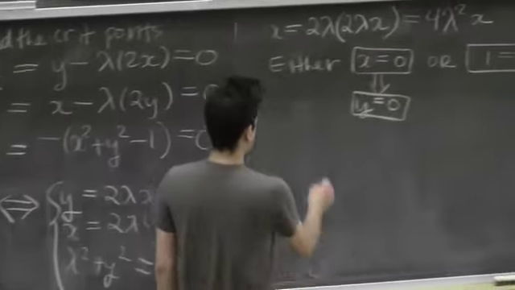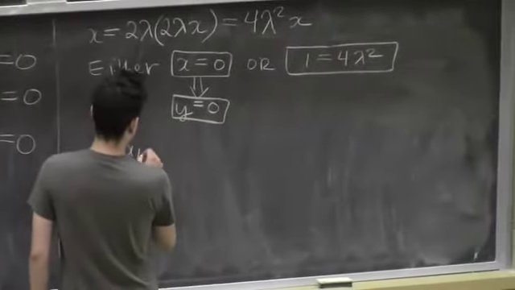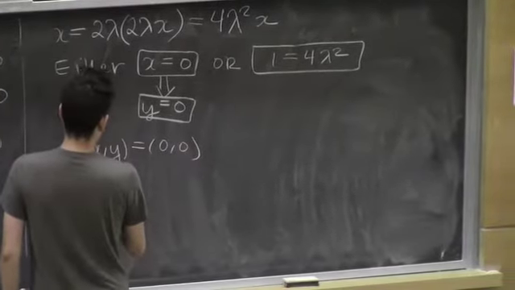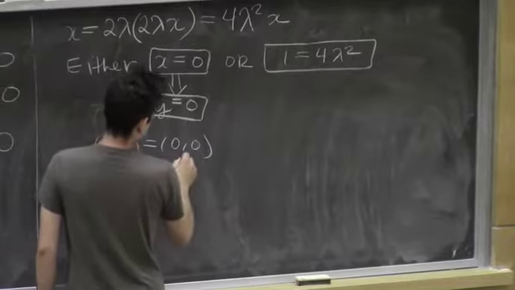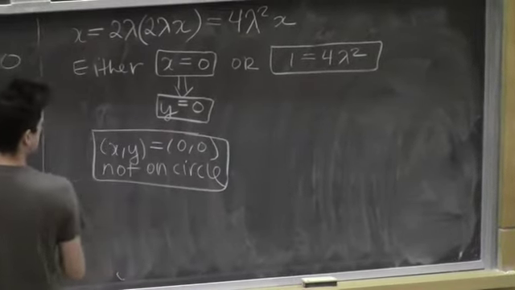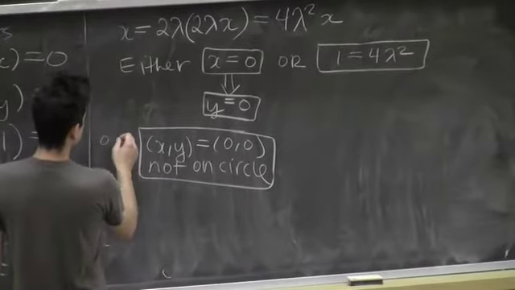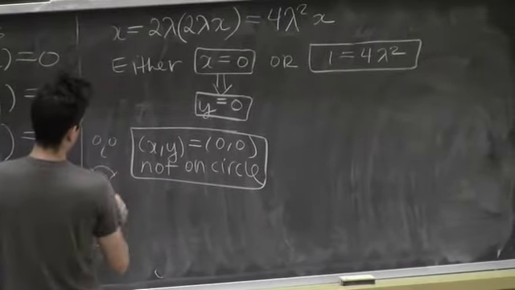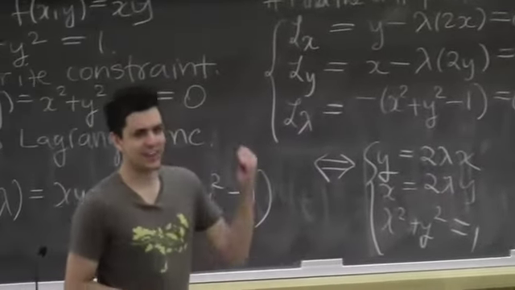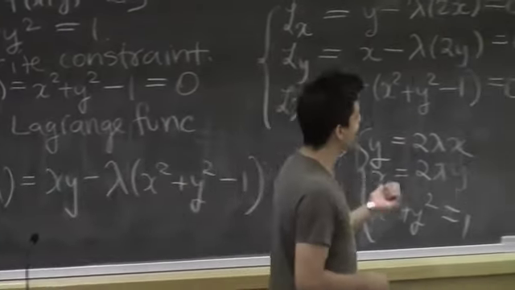So this is bad. That point is not on the circle. That's a sad thing, or another way of saying that, that's a contradiction.